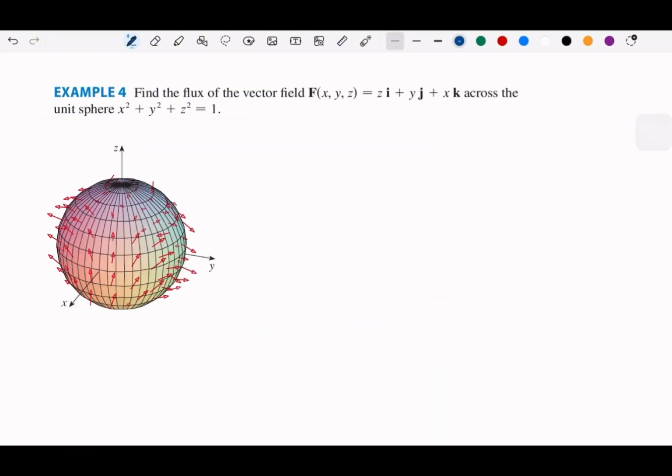Okay, let's continue. Here is an example for finding the flux.